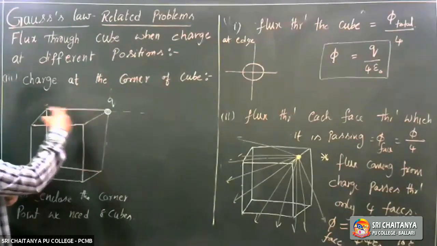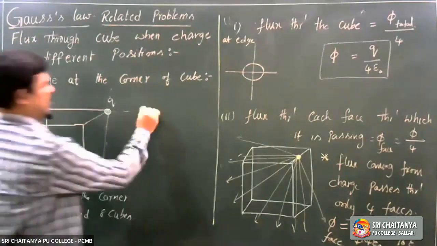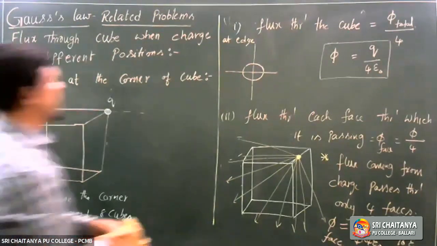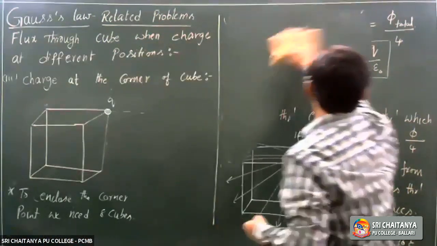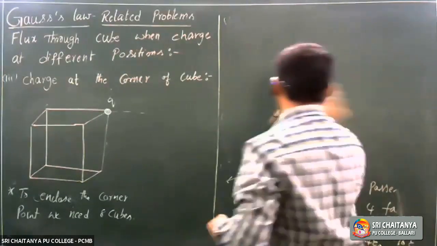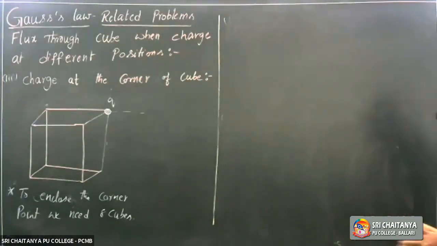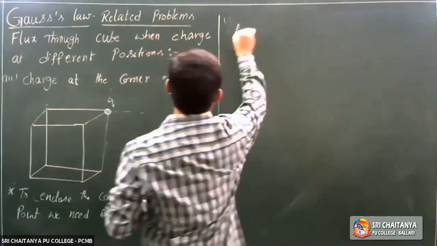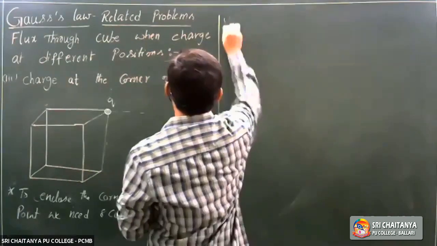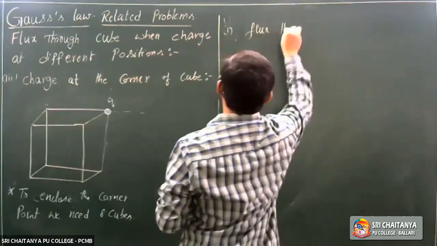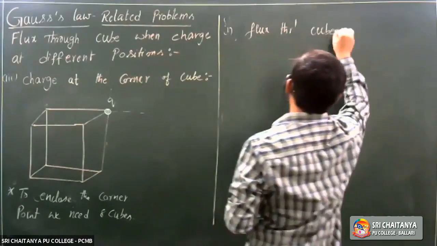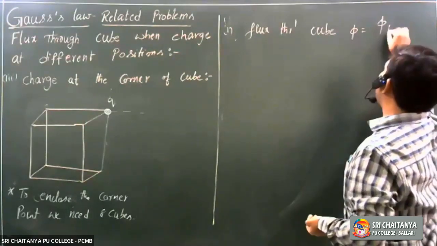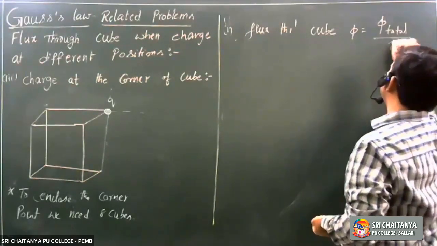So the total flux is divided into 8 parts. So what is the flux through each cube now? What is the flux through each cube? Is it not total by 8?